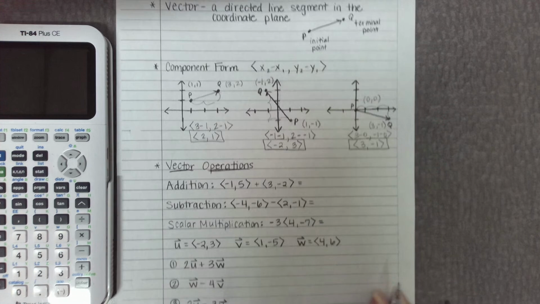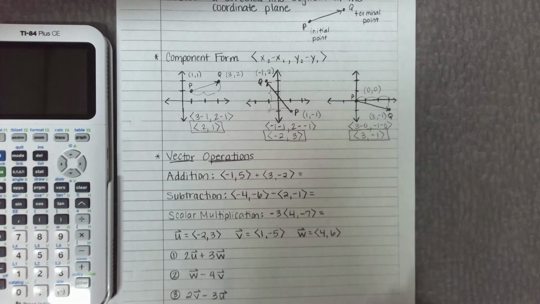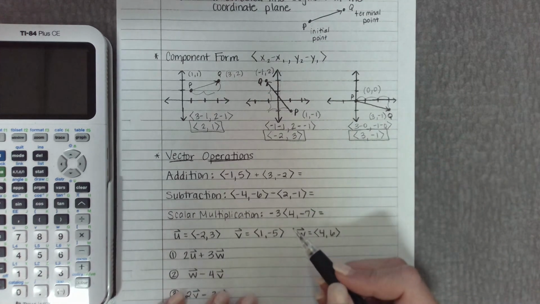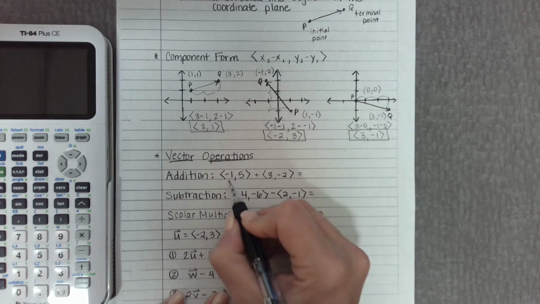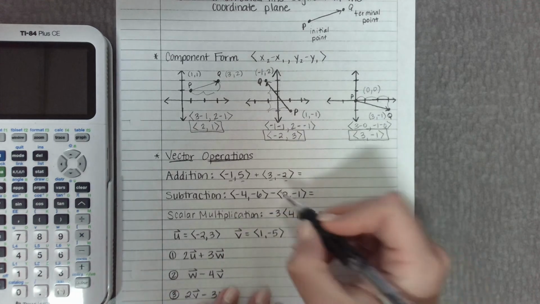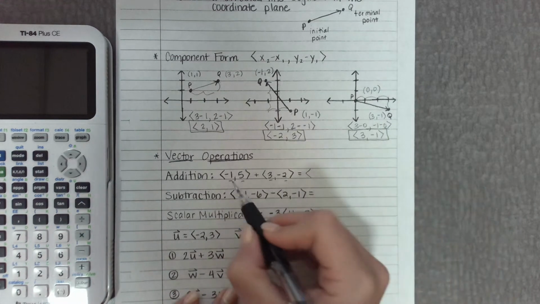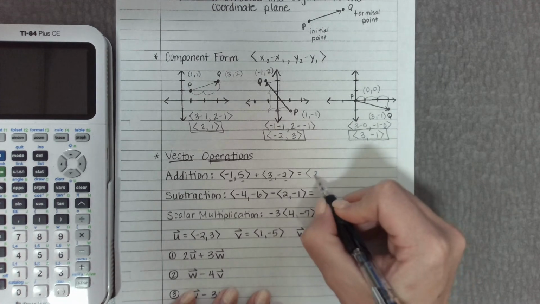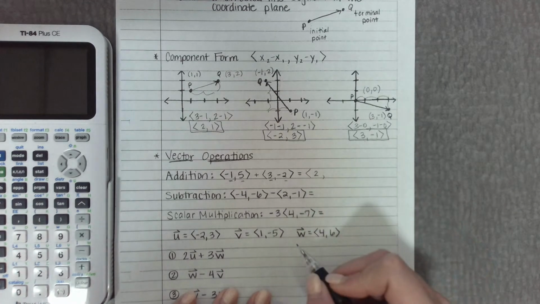Okay, we can also perform vector operations, addition, subtraction, and scalar multiplication. With addition, you're just going to add corresponding components. You're going to add x's to x's and y's to y's. So for addition, we're going to add negative 1 to positive 3, and we're going to get 2. So that's our new x component.